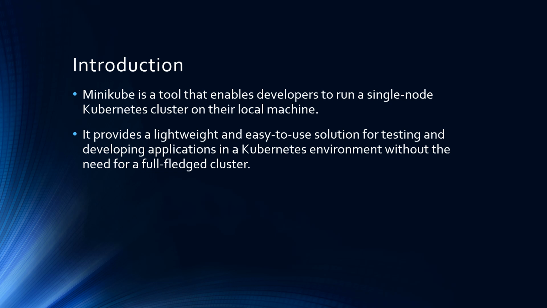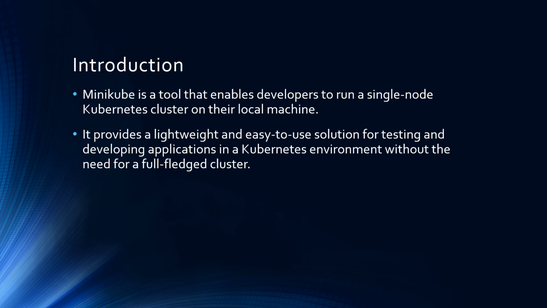While it's not suitable for production workloads, it provides nearly all the functionality you need for development and testing, including pod deployment and management, service creation and discovery, config map and secret handling, persistent volume management, ingress controller support.